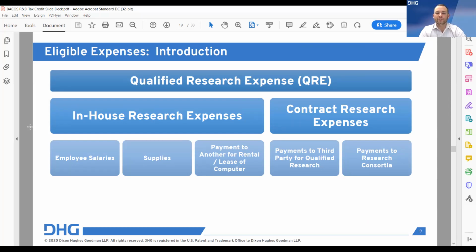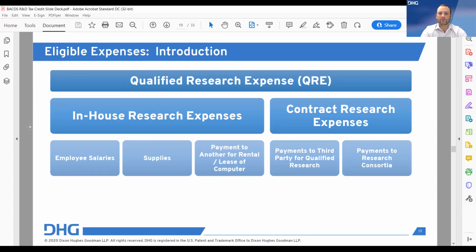That's going to consist of anyone that's an employee for the company that is working on R&D efforts. So that's going to be primarily driven by employee wages and salaries. So effectively the time of the people doing R&D. You're also going to have supplies and or materials. So any of the supplies or consumables that they're using, the raw materials going into a product or whatever you're looking to design, develop, those can also qualify.